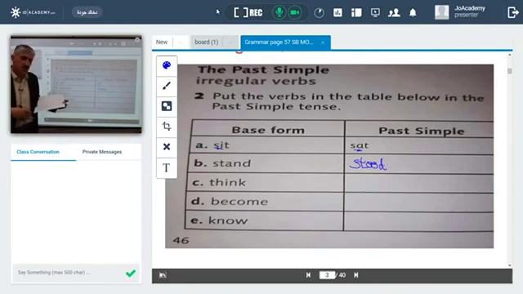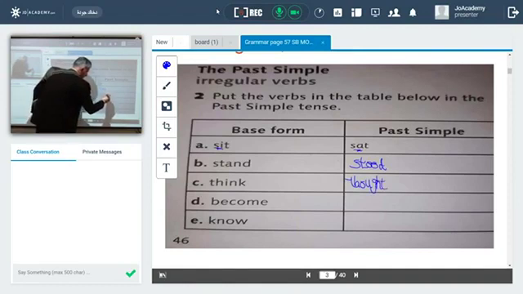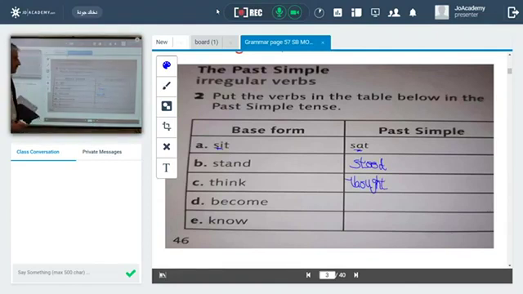As I told you, we changed it into thought. So it's here. Think becomes thought.